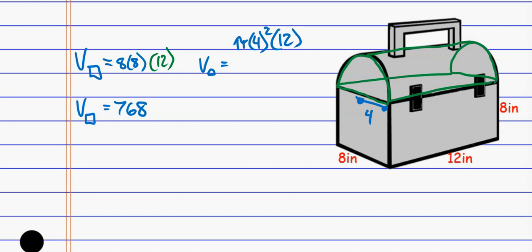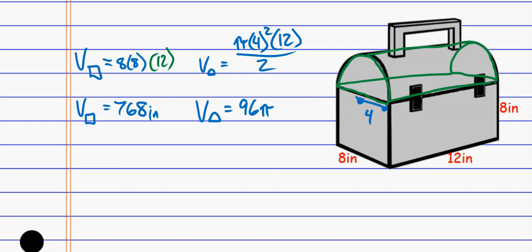But again, that's the volume of the whole cylinder. I only want half a cylinder, so I'm going to divide that by 2. And once again, for all intents and purposes, I'm just going to leave this in terms of pi until I'm kind of done with the thing. Okay, so 16 times that guy. Let's see, that's going to be a 96 pi.